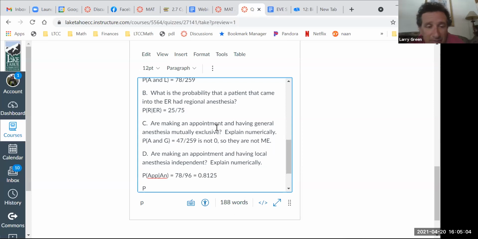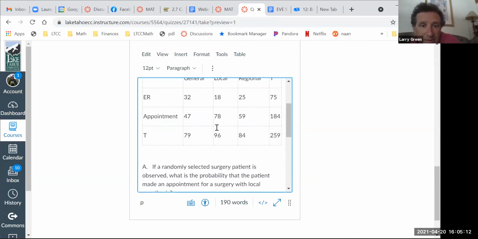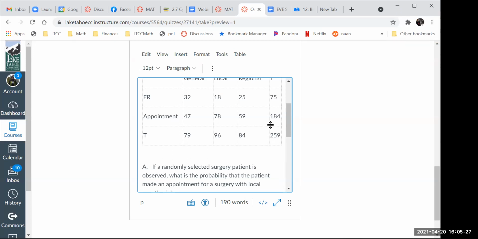And then we also need to find out the probability of an appointment. So let's take a look. What's the numerator for the probability of an appointment? 184.